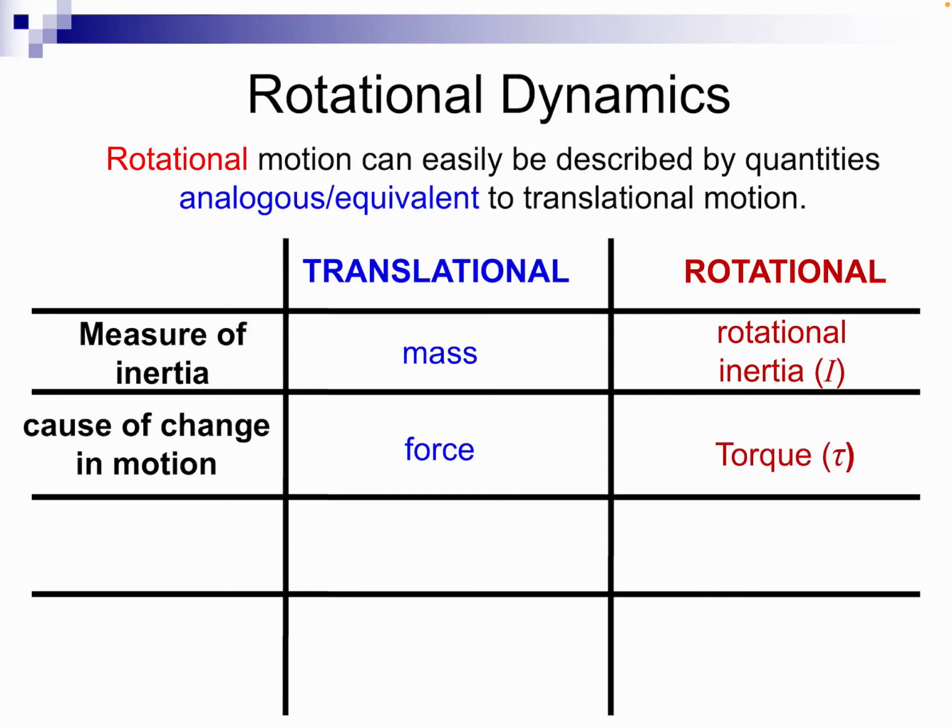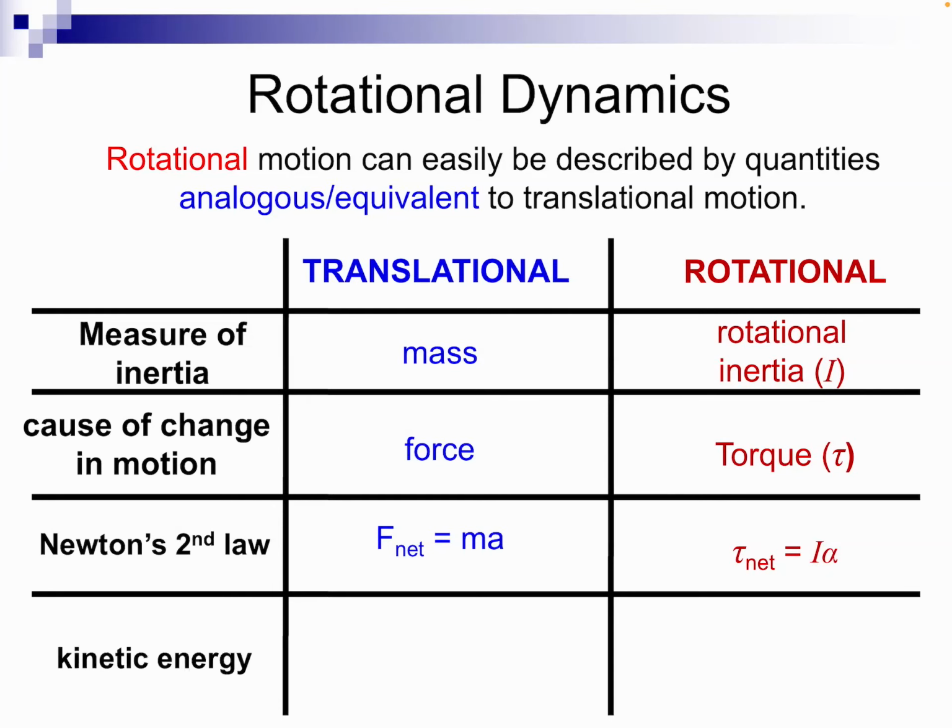Torque causes an object to rotate. Newton's second law: net force, or the sum of all forces, equals mass times acceleration. In rotation, net torque is equal to moment of inertia times angular acceleration.